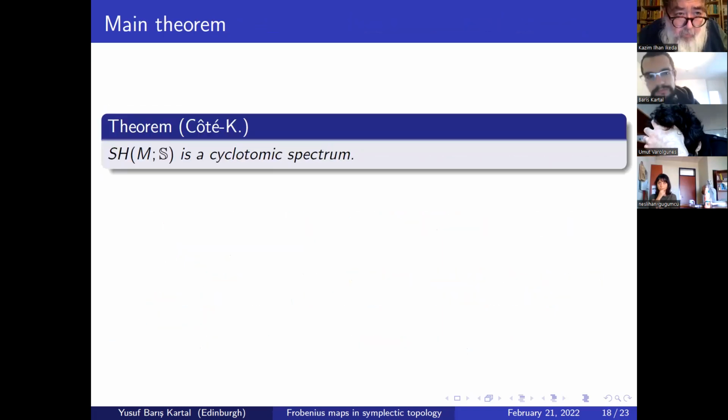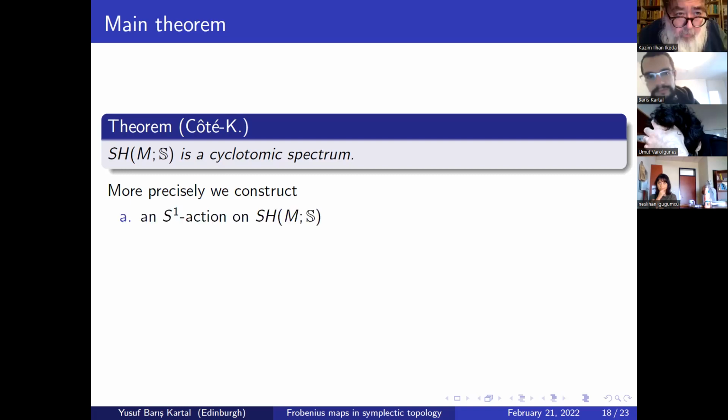So take the main theorem. The spectral symplectic cohomology is cyclotomic, in the sense that it's not actually the cyclotomic spectrum itself, but instead a homotopy equivalent model.